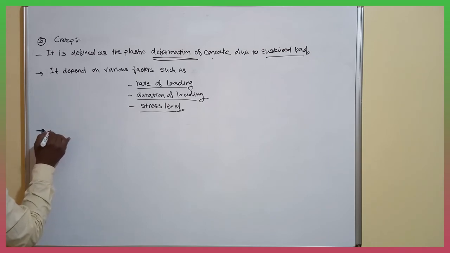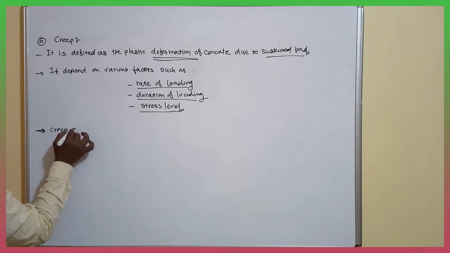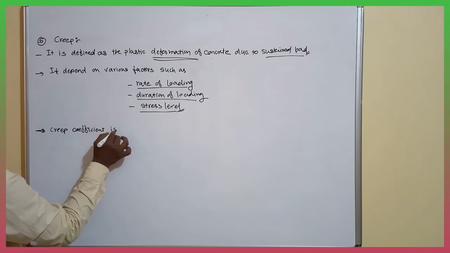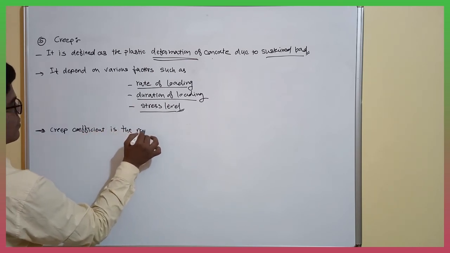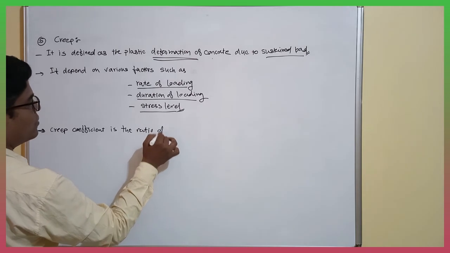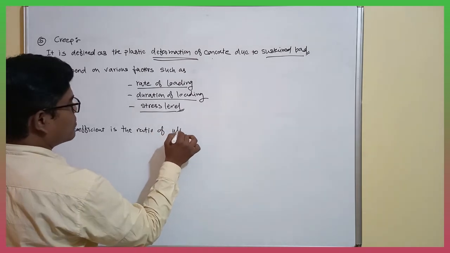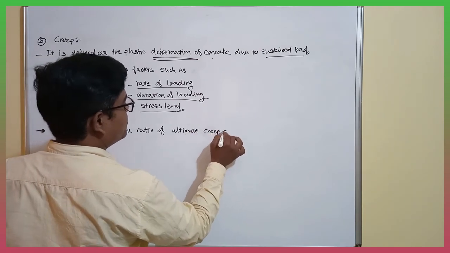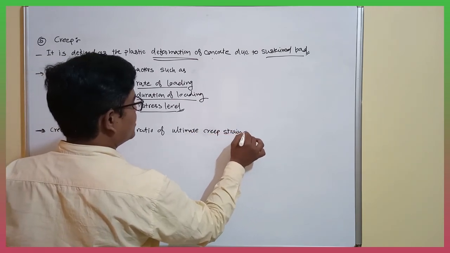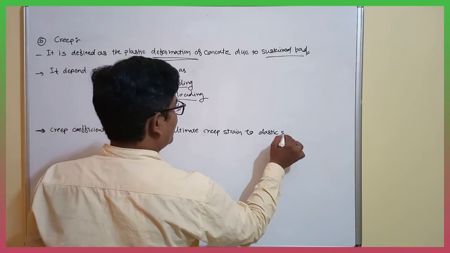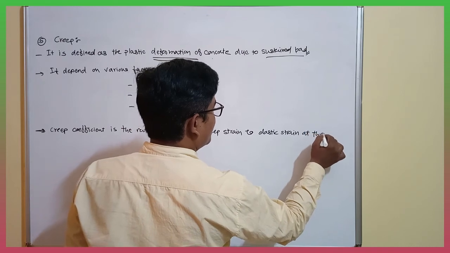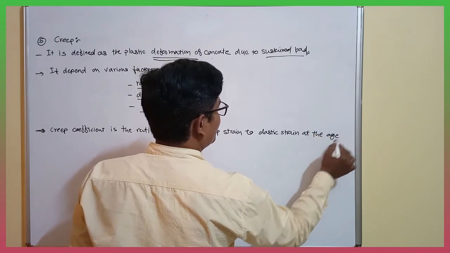So in this we have to find out the creep coefficient. So creep coefficient is the ratio of ultimate creep strain to elastic strain at the age of loading.